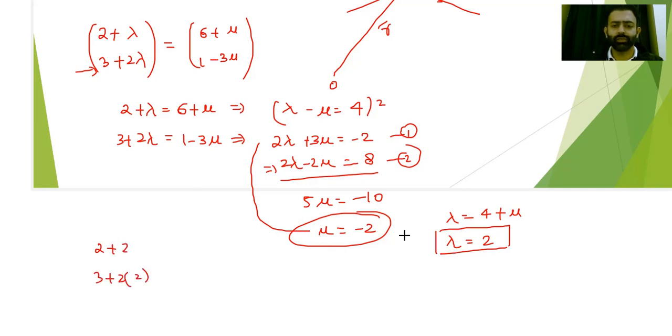That means it is (4, 7). So this is your position vector of the point of intersection. Okay, let us take another question.